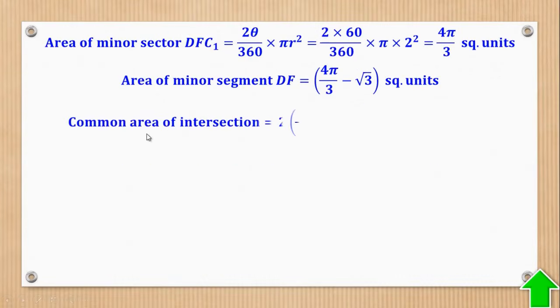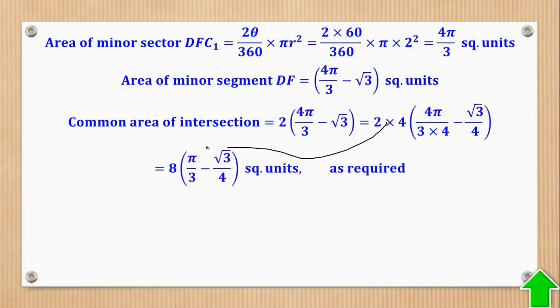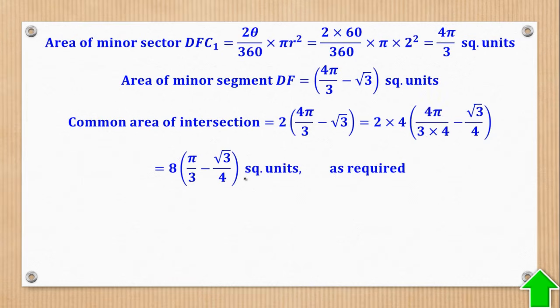That is why you subtract the 2. Then the common area of intersection will be twice that area, which is this. But remember, we have to express it in the form which was given in the question. So this will be 8 here, and now this 4 and this 4 cancel, remaining with pi over 3, and this one is root 3 over 4, and that's what they wanted.